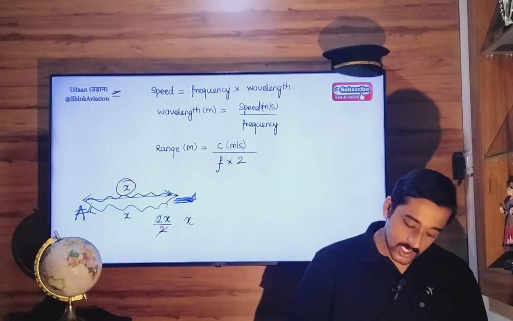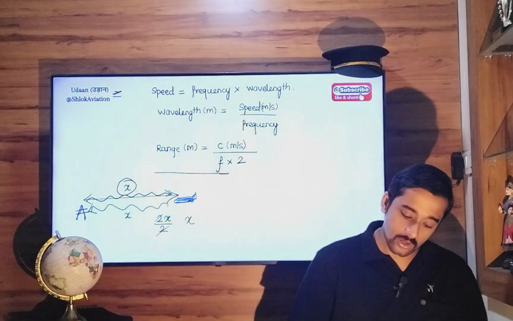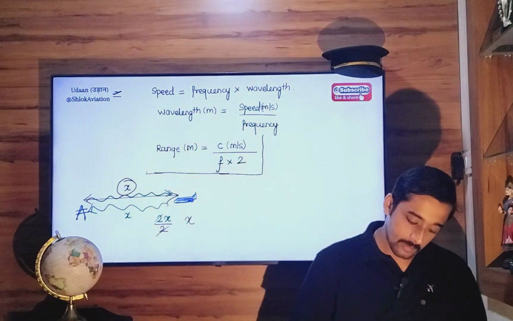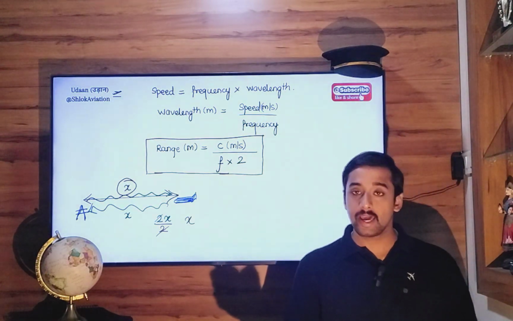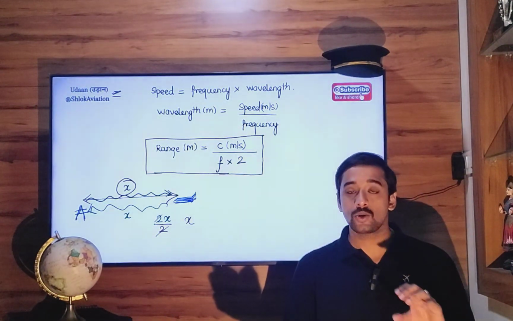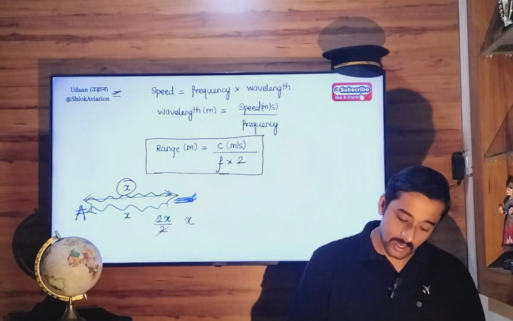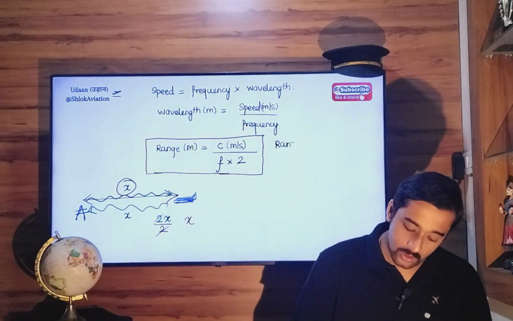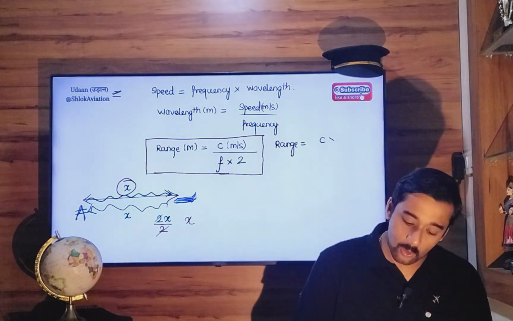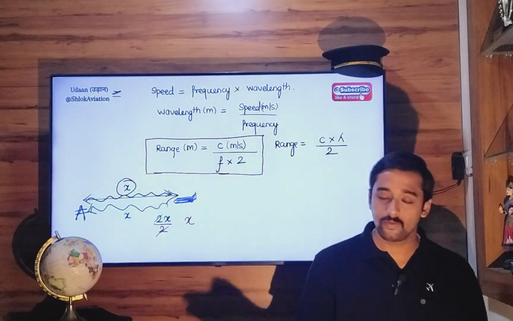So just remember, this is the formula: range is equal to speed divided by f into 2. In case you do not want frequency in the equation and you want wavelength, the same formula can be rewritten as range is equal to c into wavelength divided by 2.